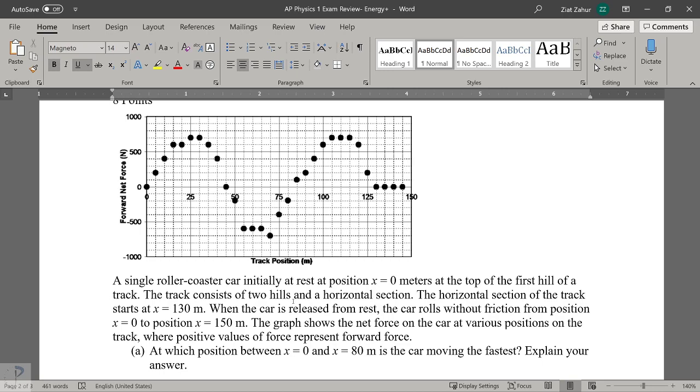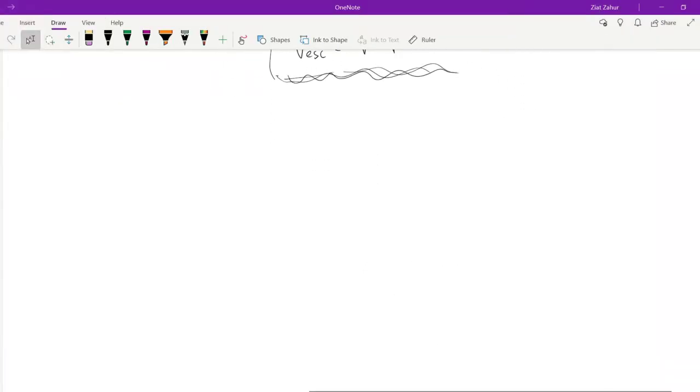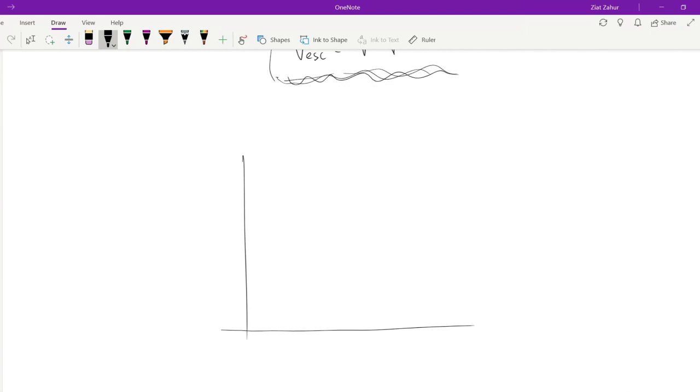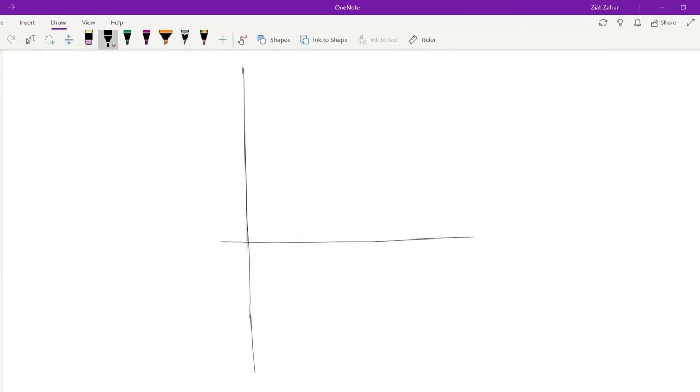So we're on a roller coaster where we are now, even though the graph looks like a roller coaster itself, the graph is not the roller coaster. The graph says forward force on the y-axis and position on the x-axis. So the graph, although it looks like a roller coaster, has force and x.